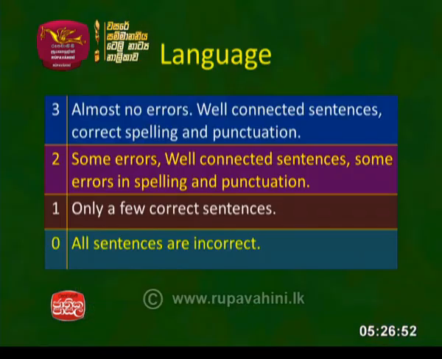And 1 mark is allocated for only a few correct sentences. දැන් ඔයාලා ලියලා තියෙන ඒවා අතරේ වාක්‍ය දෙක තුනක් කීයක් හරි තිබුණොත් you have a chance of getting 1 mark. If not, remember, you will not get any marks if all sentences are incorrect. ඔක්කොම වාක්‍ය වැරදි නම් අදාළ නැත්තම්, you will not get any marks.